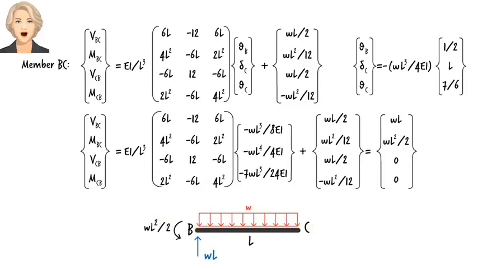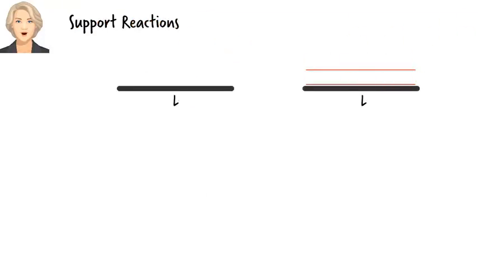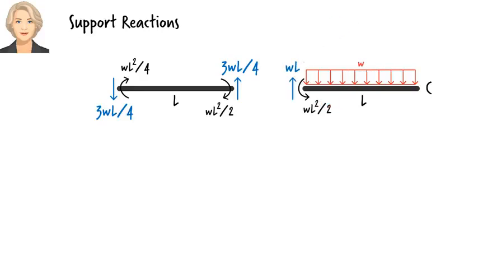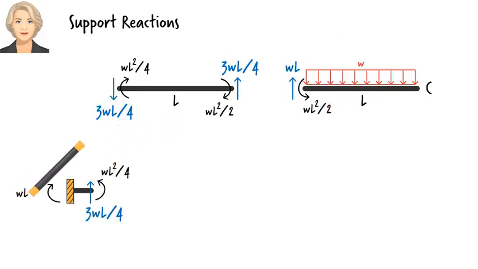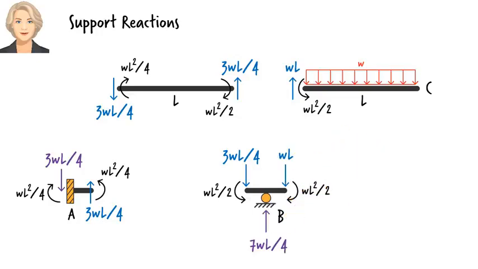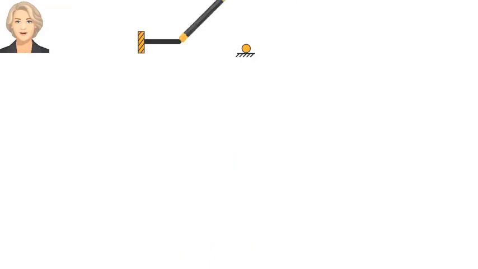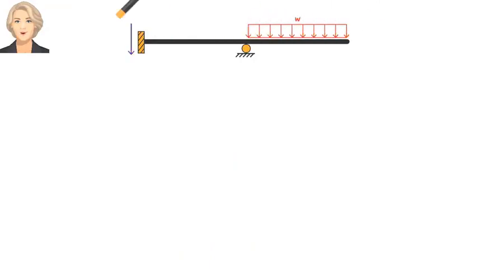Now, let's determine the support reactions for the beam using the segment free body diagrams. Here they are. Finally, we draw the shear and moment diagrams for the entire beam.